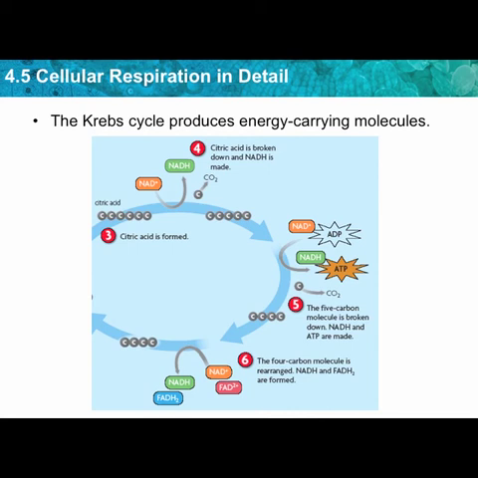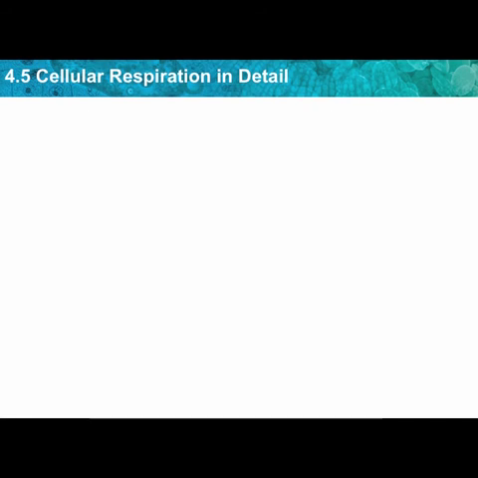More carbon dioxide is given off. Now our 5 carbon molecule is broken down. NADH and ATP are made again. Our 4 carbon molecule then is rearranged. NADH and FADH2 are formed. And finally, ATPs are given off all along the way until the process is completed.